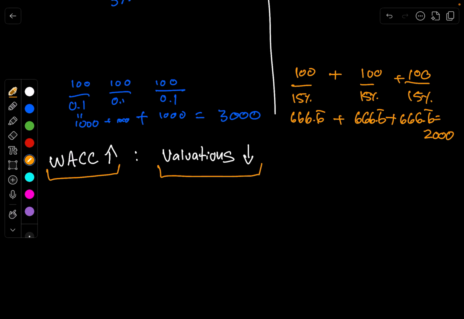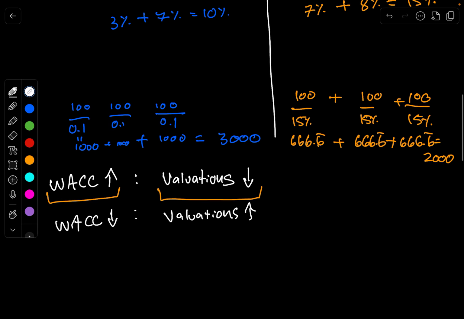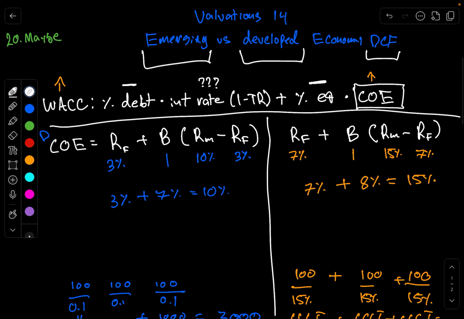And you could look at it the other way. If our weighted average cost of capital is lower in a developed country, then our valuations will be higher. So I hope that's been helpful in terms of understanding how our DCF is going to give different inputs depending on whether we're in an emerging economy versus a developed economy. And we'll hop into the next one.